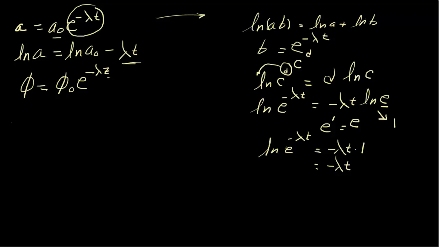And you should again be able to write this down as the log of phi is equal to the log of phi 0 minus lambda z. You should be able to explain how to do this. You should be able to explain this relationship that we've highlighted over here.